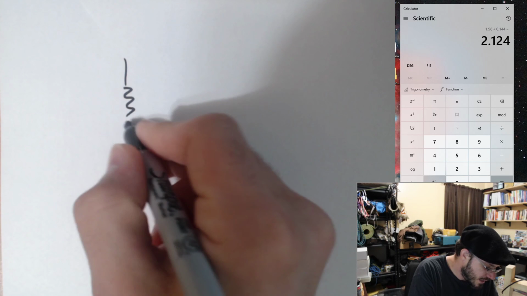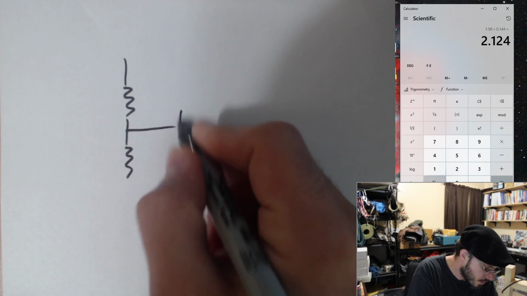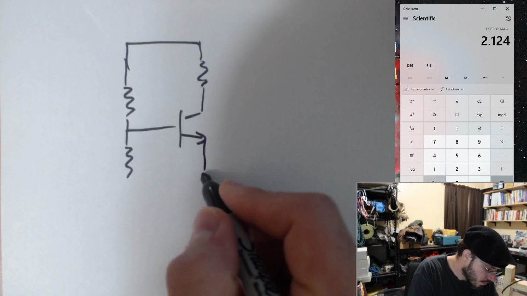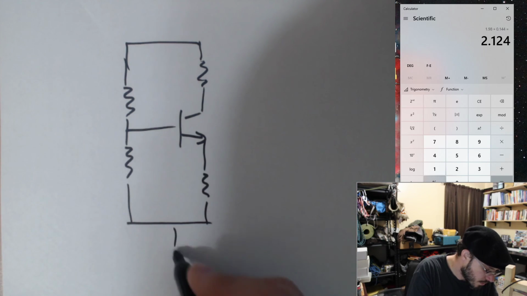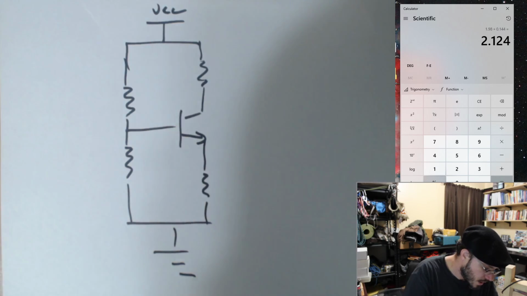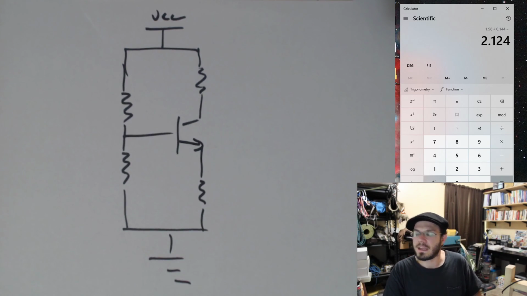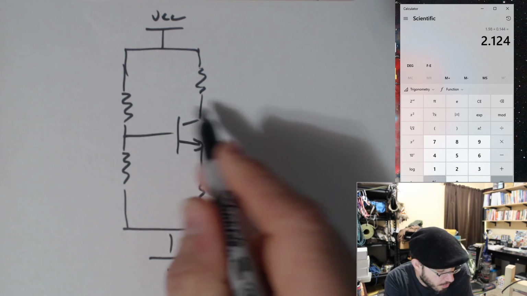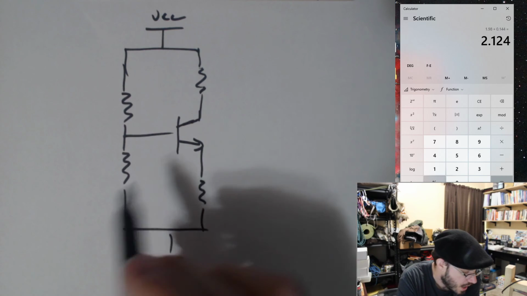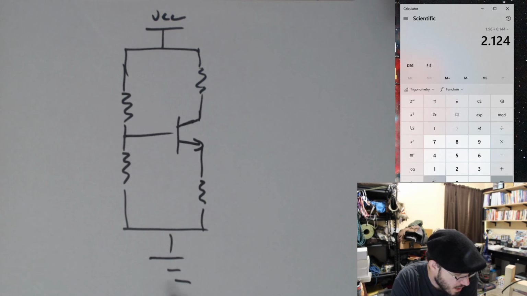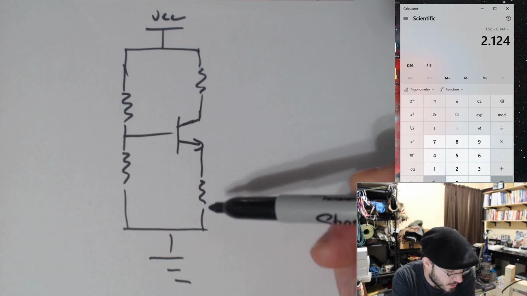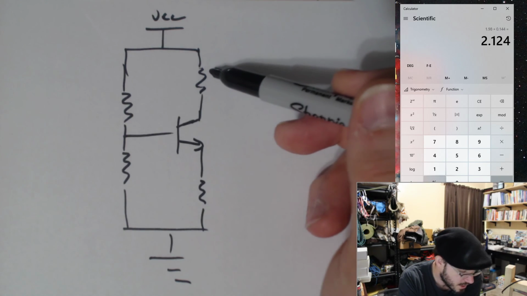But let's go ahead and take a problem like this, where you have one component we don't know about yet, but it's called a transistor. We'll learn about it next semester. And we have these 4 resistors here, and it looks like we have this voltage divider over here, and we have this resistor below the transistor and this other one above the transistor.